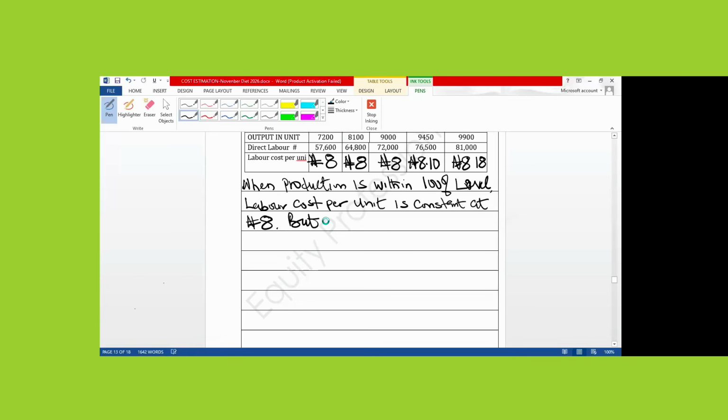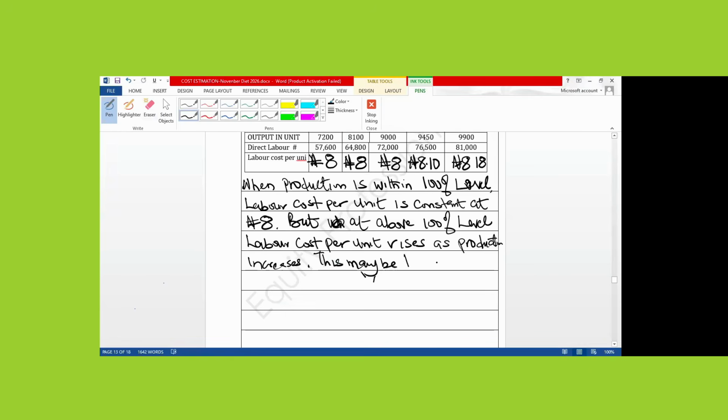But at above 100% level, labor cost per unit rises as production increases. This may be due to overtime premium.